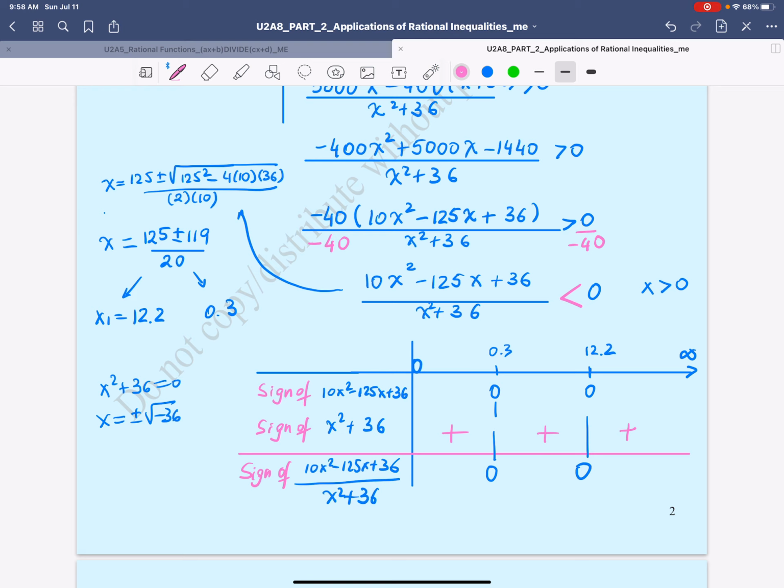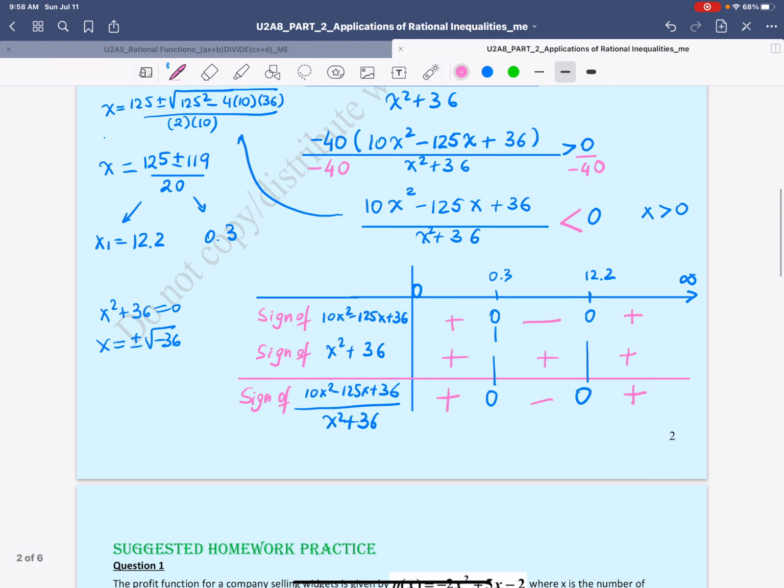So that would be negative here, and outside the zeros, positive. So let's multiply the signs. We have a plus, a minus, and then a plus. So we are going to say that the solution will be when the expression is negative, or when the distance is between 0.3 and 12.2 miles.